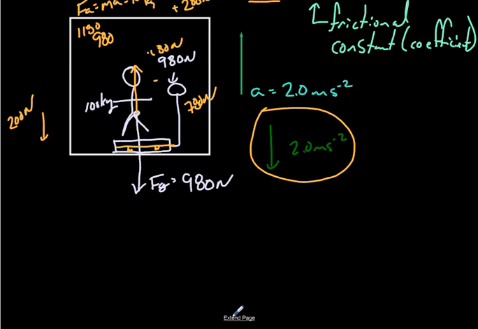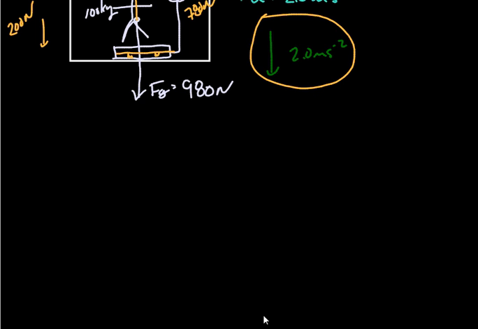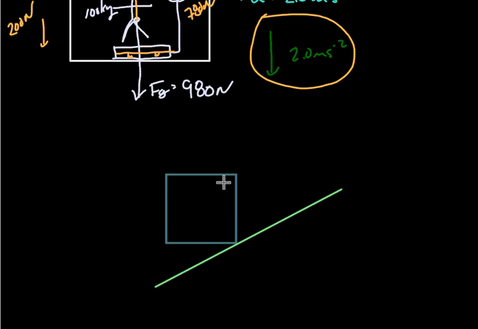So let's move on to another scenario here. What if I take something and I put it on a sloped surface? Now, we have some more stuff to think about here.